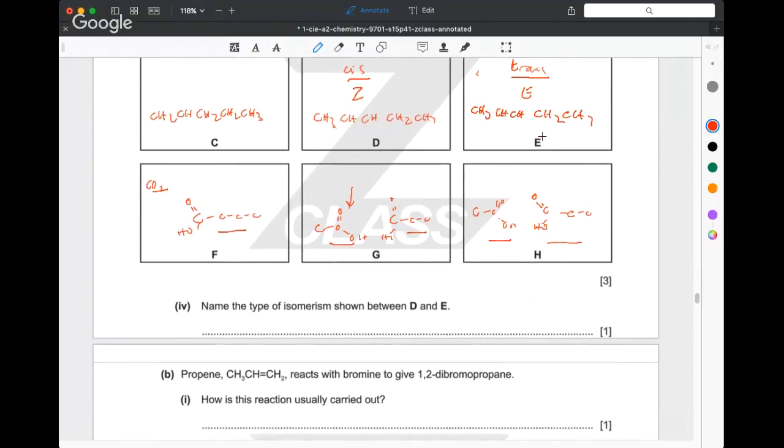The type of isomerism there is a special type of stereoisomerism, called geometric isomerism. So technically, I think the right answer there is geometric isomerism. If you said cis-trans isomerism, you got the mark, or if you said the ZE type of isomerism, you got the mark as well.